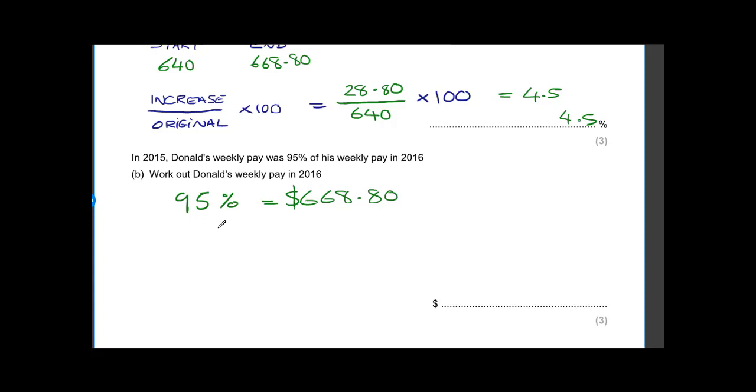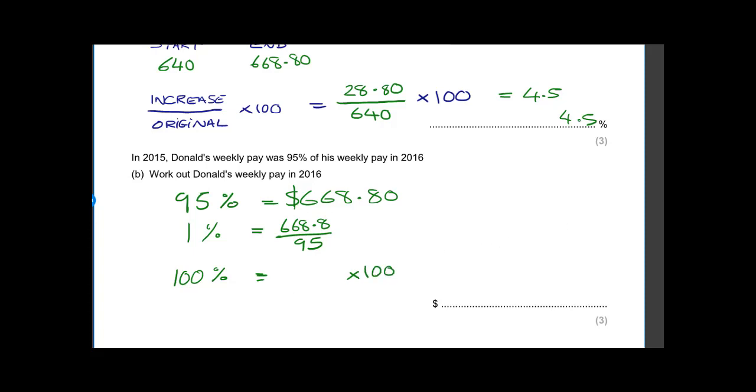Well, okay. There's a couple of ways to do it. I'll do it the simplified way. So 1% equals what? 668.8 over 95. Then 100% is going to be that times 100, whatever that is, times 100.